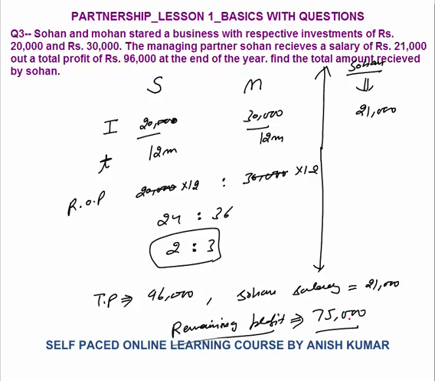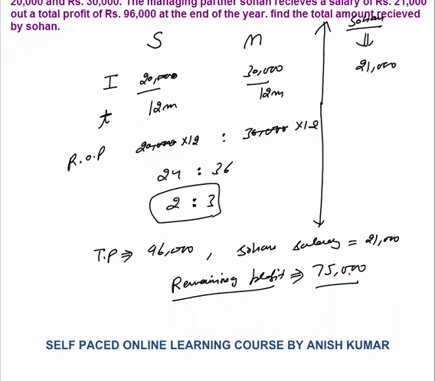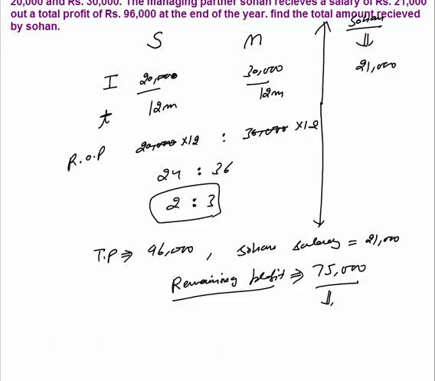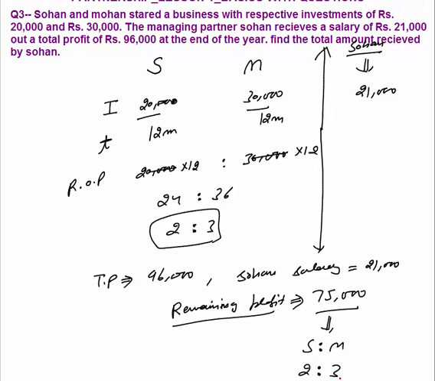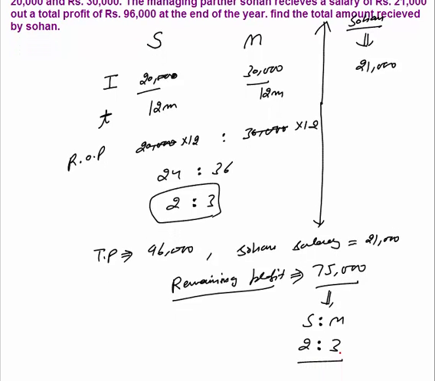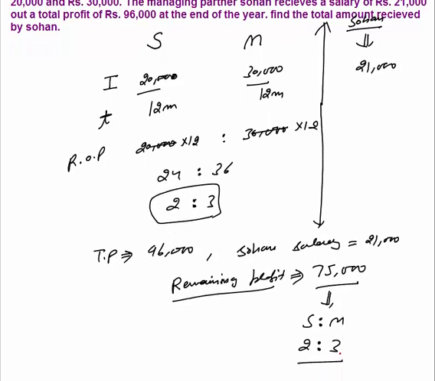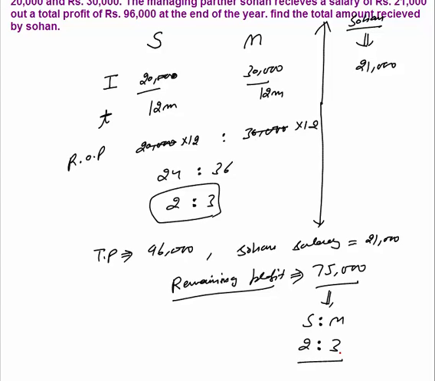Now this remaining profit will get divided between Sohan and Mohan in the ratio 2 is to 3. And that's common sense, because first the managing partner will get his salary, that is 21,000. Total profit was 96,000, so remaining profit was 75,000. This remaining profit will be divided in the ratio of their investment, because both stayed for the same period, 2 is to 3.